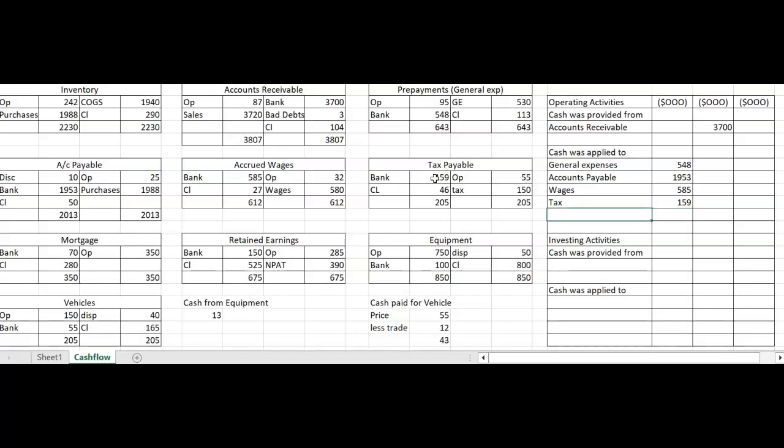So let's add that in. Right, and we'll auto sum all of those. So our net cash flow from operations, let's call that mortgage.